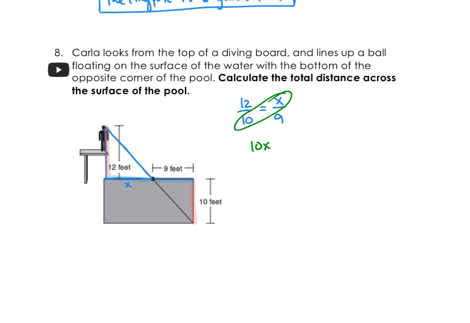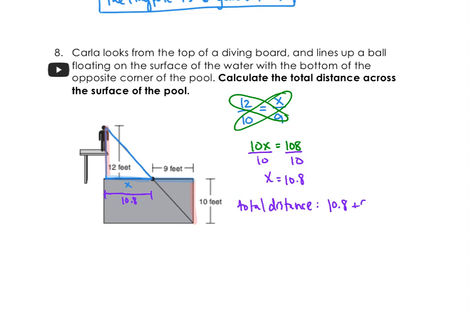Cross multiply, so 10x equals 12 times 9, which is 108. And then I'm going to divide by 10. So I know that this length right here is 10.8. So the total distance is going to be 10.8 plus 9.